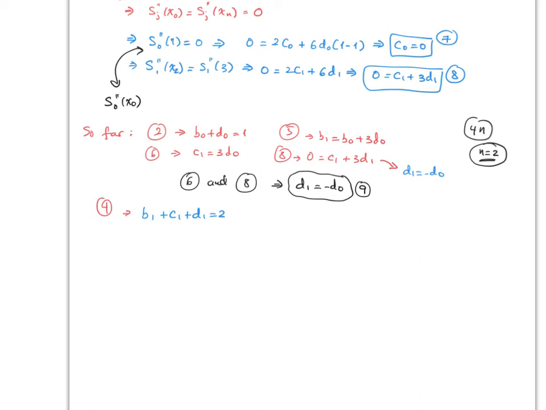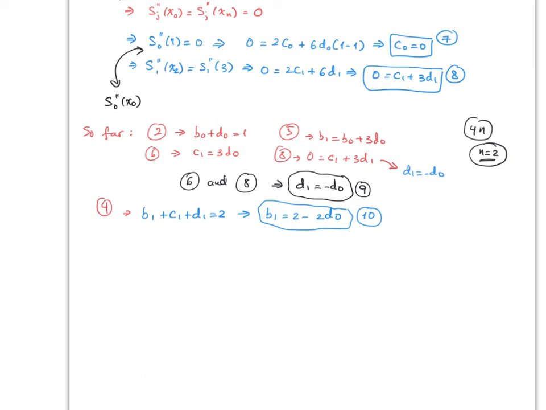However, if d1 equals negative d0, then we now have that b1 equals 2 minus 2d0, by substituting d1 with minus d0, and also remember that c1 equals minus 3d1. Again, it's not required, but you could say this is now equation number 10.